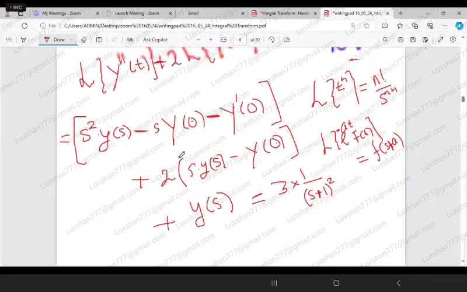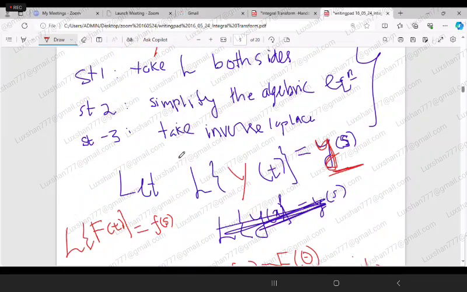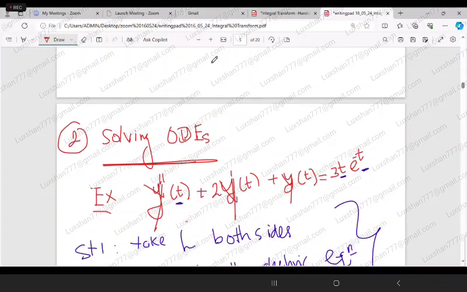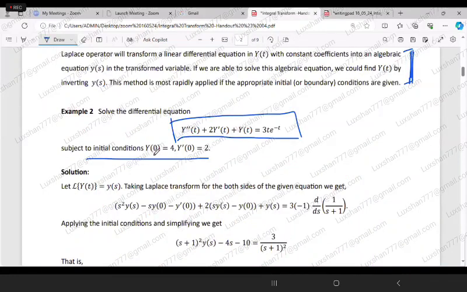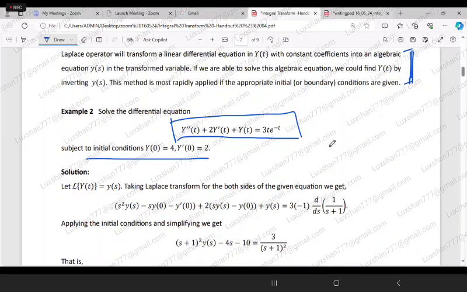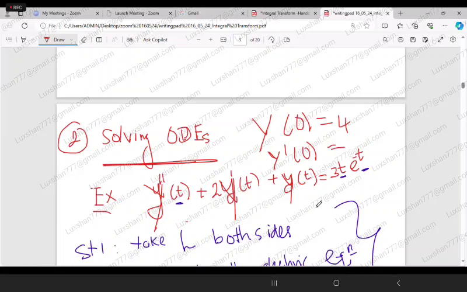Now, it's time to do the substitution for the initial values. If you look at the initial values of this ordinary differential equation, it says that y(0) equal to 4, y dash 0 equal to 2. So capital Y(0) equal to 4 and y dash 0 equal to 2.